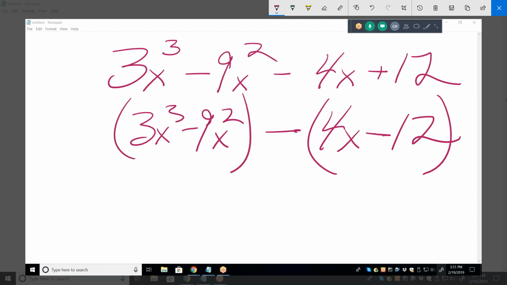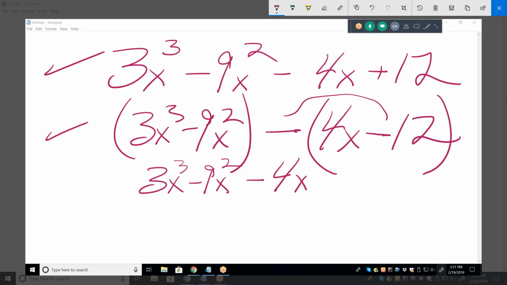Is this the same as this? In other words, when I ask that question, what I mean is if I were to remove the parentheses, then this becomes, parentheses never affect the first two terms, this becomes minus 4x, but then this has to be applied to that, so that would become plus 12.